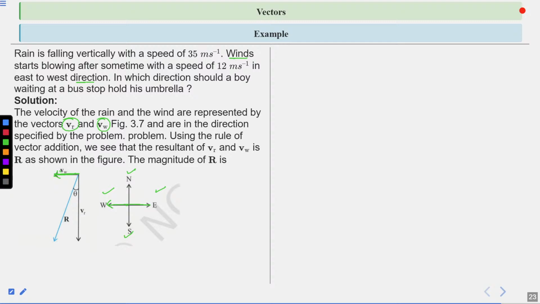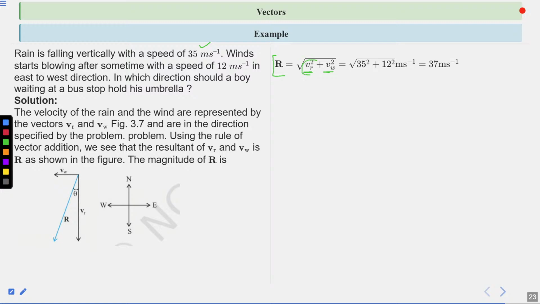And rain is falling vertically downward. Now what will be the angle theta? To find the value of R, the resultant vector, we will use the vector law of addition. R vector is equal to the square root of the square of the speed of rain plus the square of the velocity of wind.